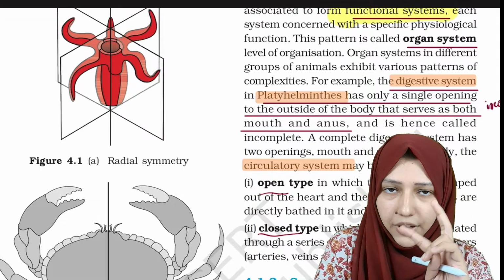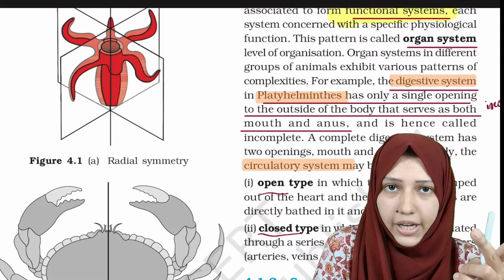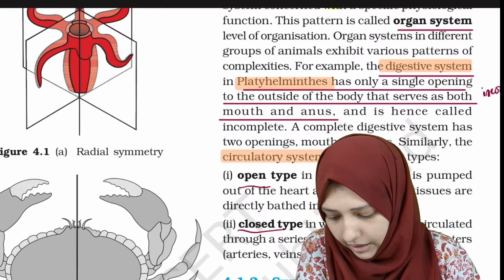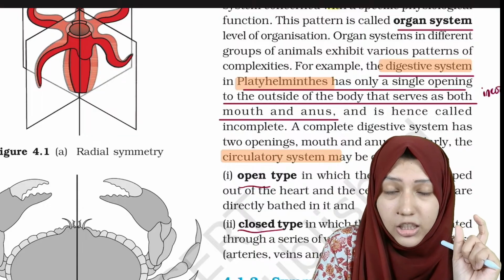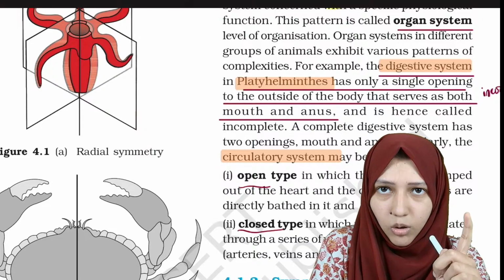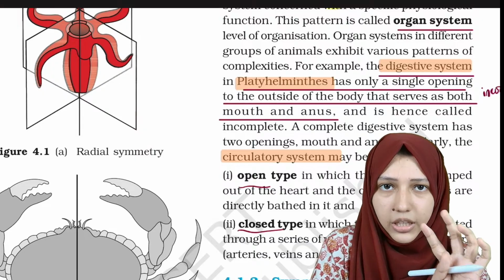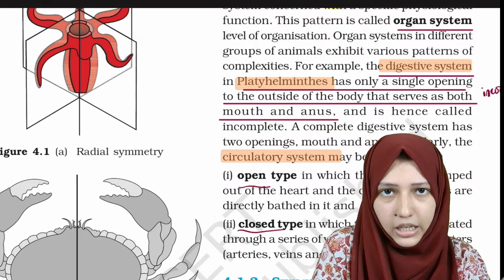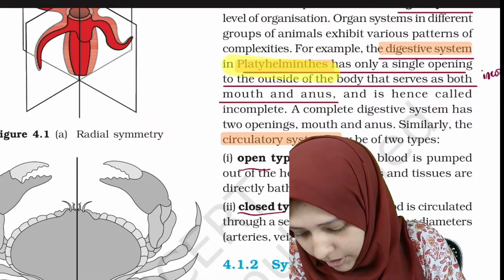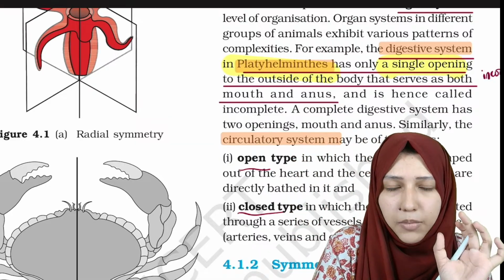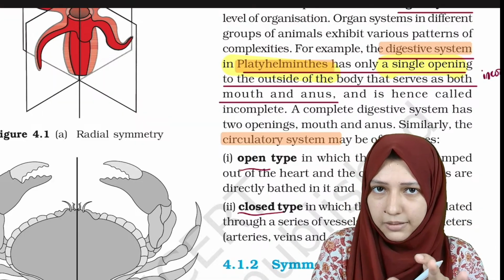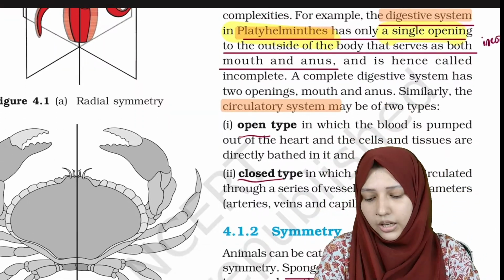If it has just one opening, which is the same for exit and entry, then it is known as incomplete. Complete and incomplete digestive system. Platyhelminthes has only a single opening, so platyhelminthes has an incomplete digestive system. This we will study in each of the phyla, so don't worry about it. Just read through this.